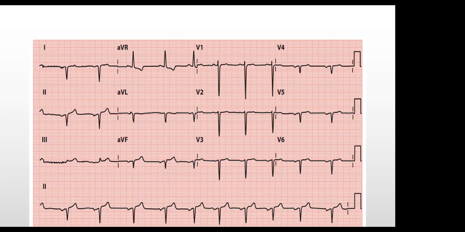It said V5, V6 and AVF have low voltage, and that confirms dextrocardia. I was thinking it was because of the poor R wave progression instead. I don't know whether you can use voltage and R wave progression the same way.